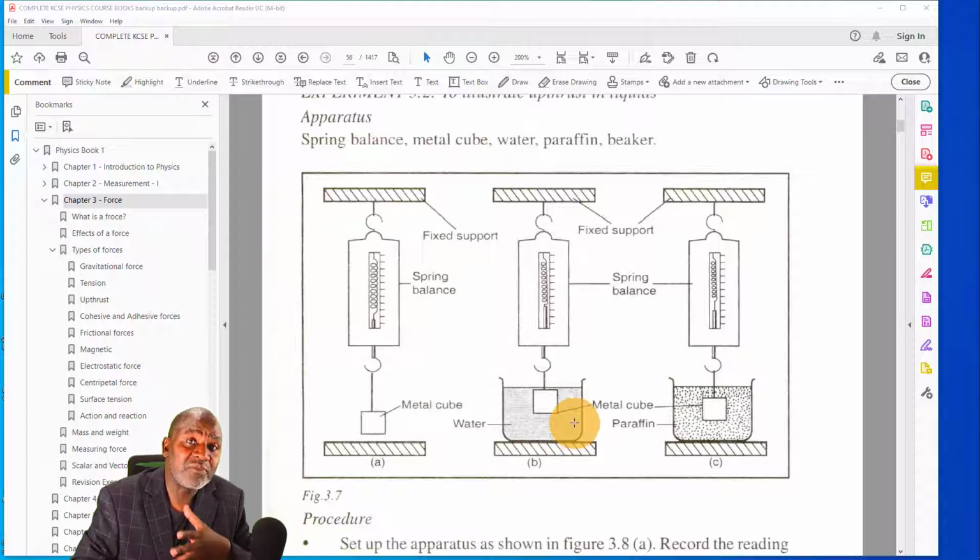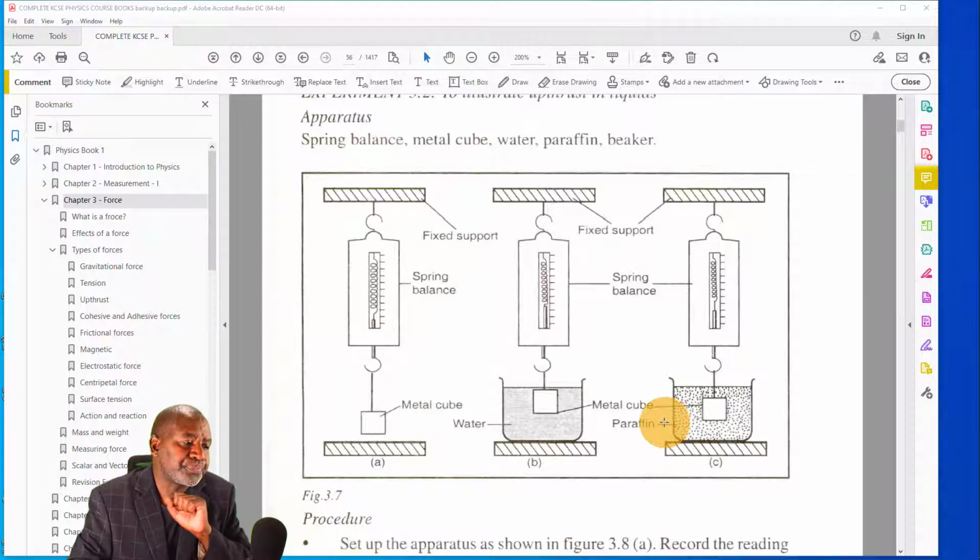That may be an investigation you might want to carry out. And if you find that the weight of the solid when it is immersed in paraffin is less compared to the weight of the solid when it is immersed in water, then I will challenge you to do further investigation and give an explanation to that.